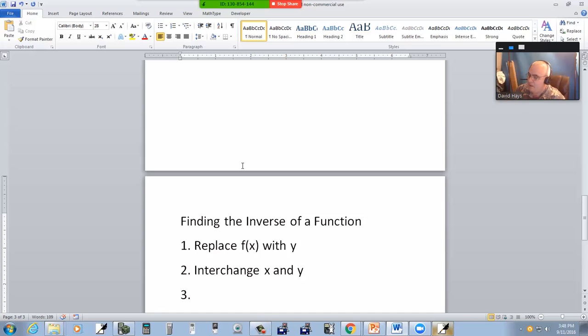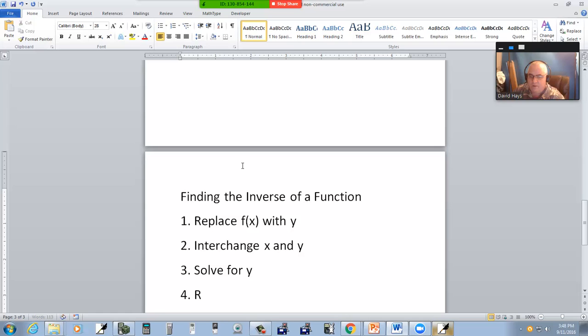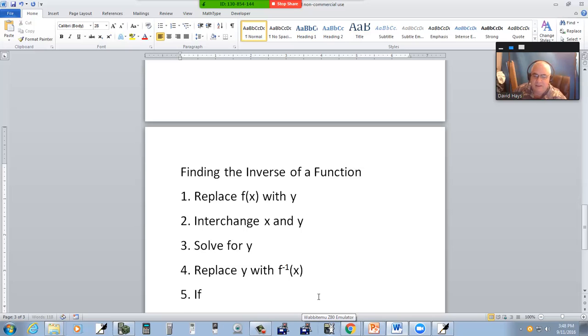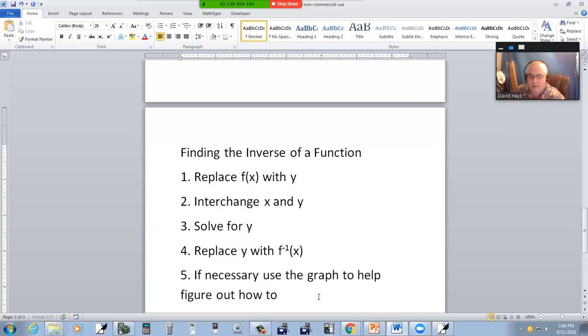Step 3: solve for y. Step 4: replace y with our inverse notation. And then step 5, if necessary, use the graph to help figure out how to make the inverse 1-to-1.